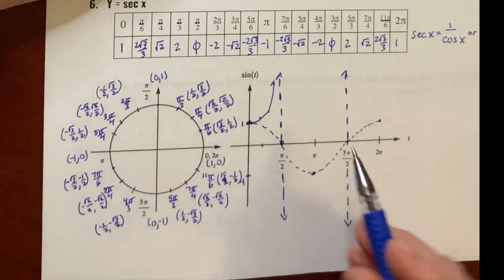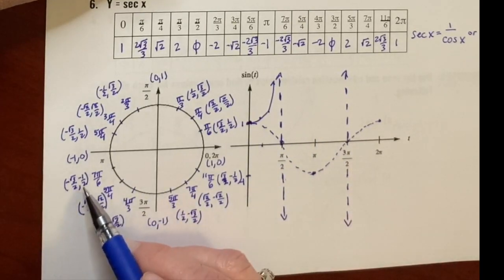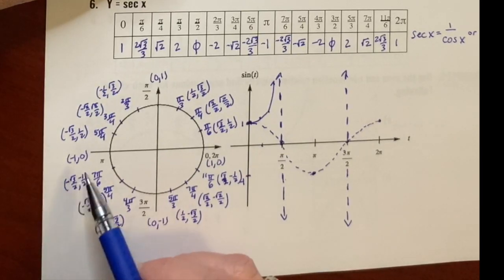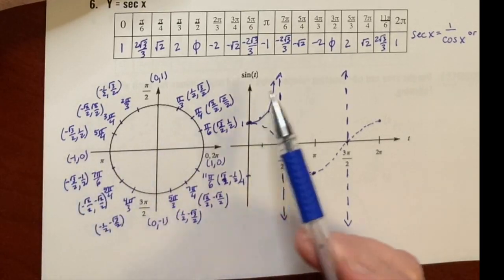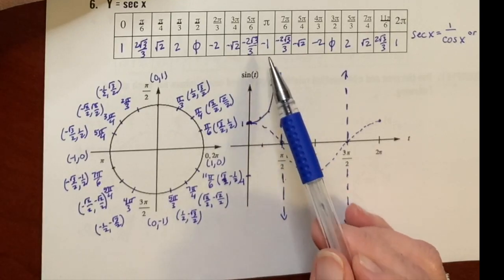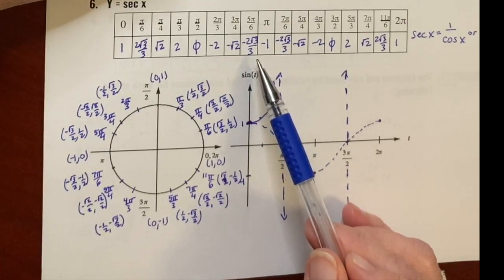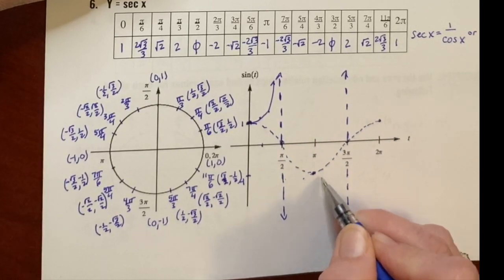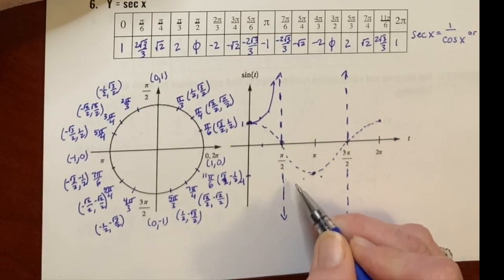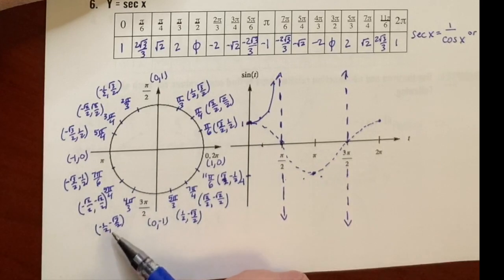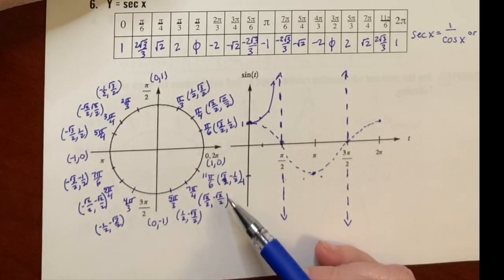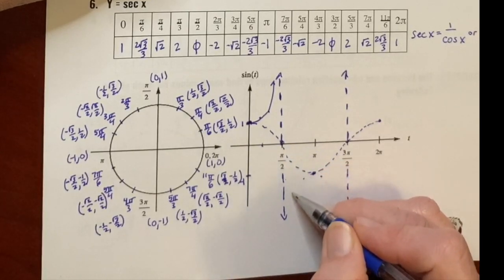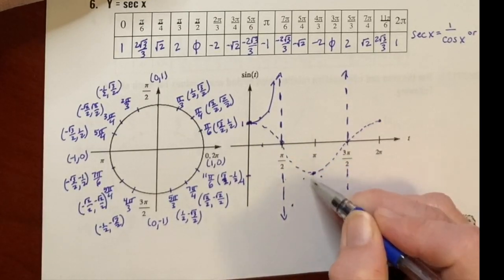I can also plot the reciprocal of negative square root of 3 over 2, which is -2 square root of 3 over 3, about -1.15. And at 4 pi/3 and at 5 pi/3, it's going to be -2, so I can kind of estimate those.